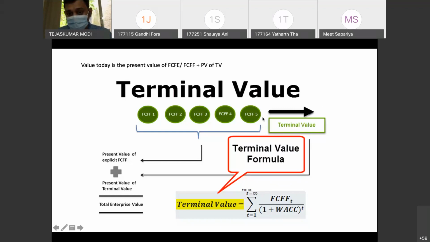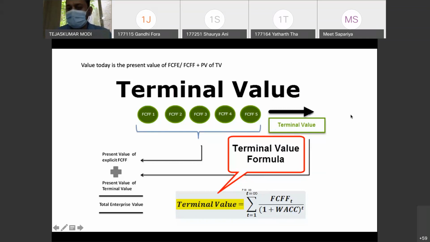The terminal value captures the present value of all the cash flows beyond this horizon. This is the horizon, the period for which you have forecasted. Any cash flows beyond that are captured by terminal value. So the terminal value is the present value of expected cash flows beyond the horizon, from the sixth period onward: 6, 7, 8, 9, 10, it could be 20 years or it could be perpetuity.